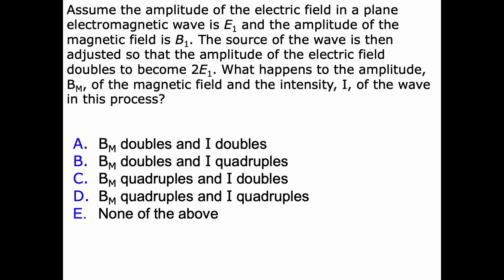The source of the wave is then adjusted so that the amplitude of the electric field is doubled. What happens to the amplitude of the magnetic field? That should say B1, not BM. And also what happens to the intensity of the wave? If I double the amplitude of the electric field, what happens to the amplitude of the magnetic field and the total intensity of the wave? That's the question.